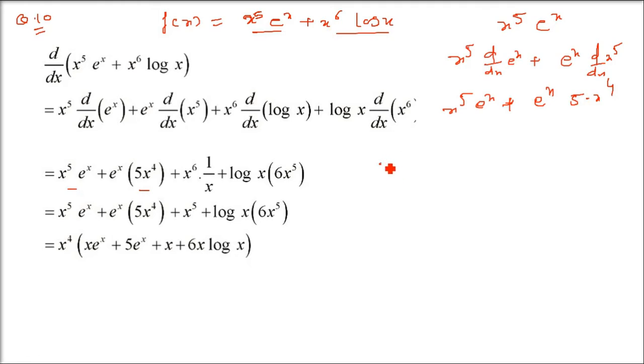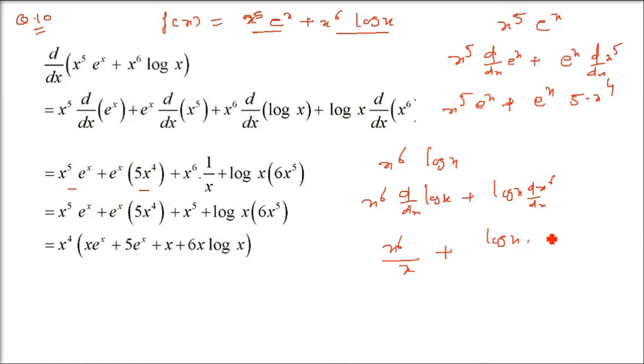So this is 2, and then x raise 6 log x. So again uv form, x raise 6 d by dx of log x plus log x d by dx of x to the power 6. x6 log x is 1 by x plus log x, and this x raised 6 will be 6 x to the power 5. So 1 you can cancel, x to the power 5 will come.